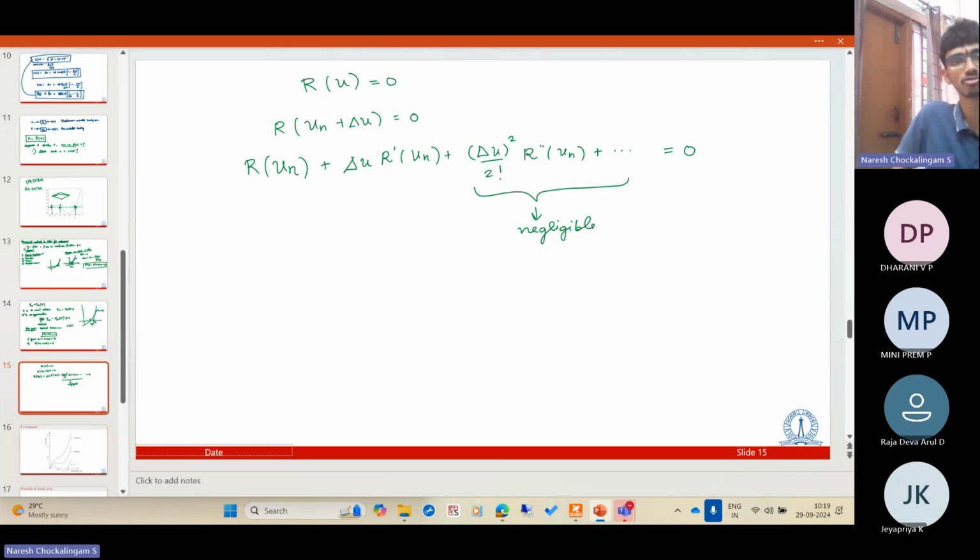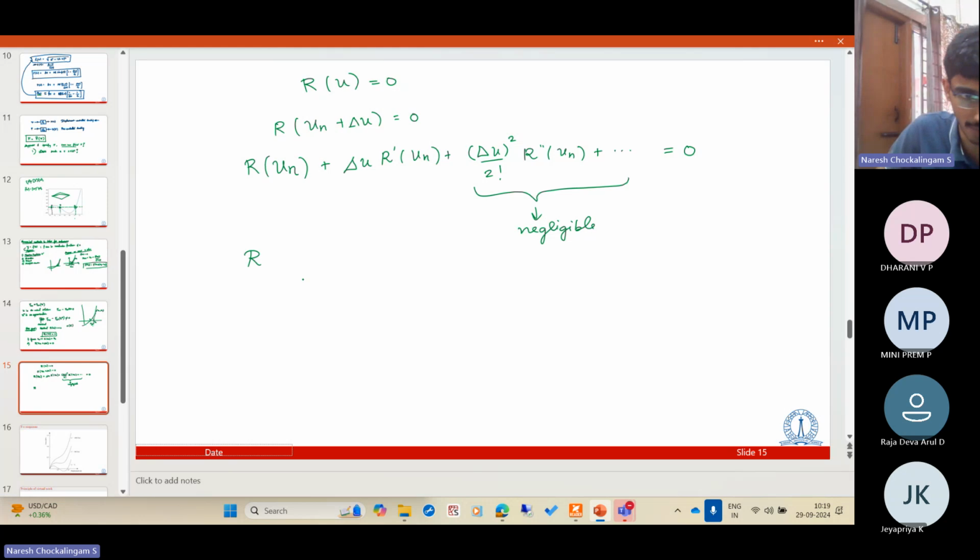If we are fairly close to the solution u, then this will be the dominant term, because if we are very close to the solution u, this delta u will be small in comparison to u. Therefore, these terms will be negligible in comparison to the first two terms. So the initial guess has to be close. If the initial guess is wrong, we'll diverge.